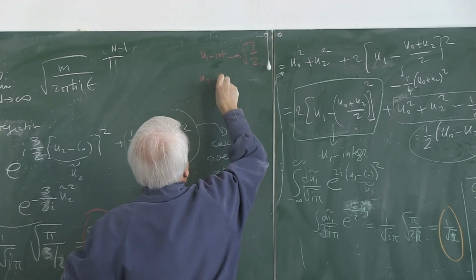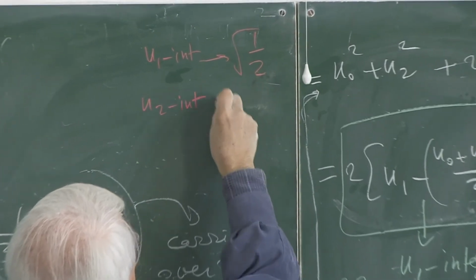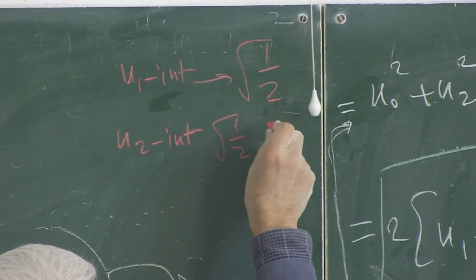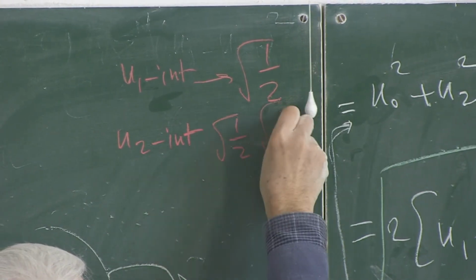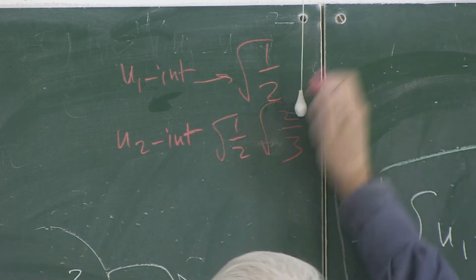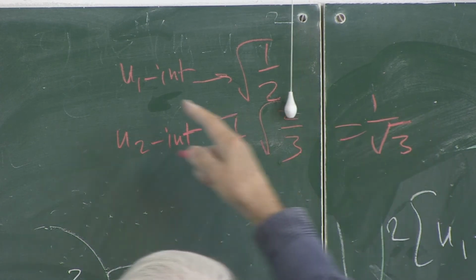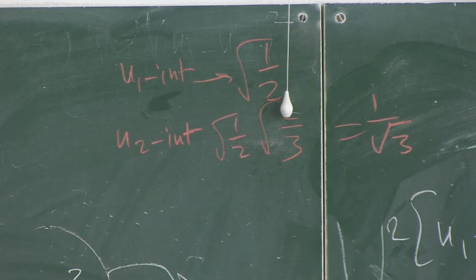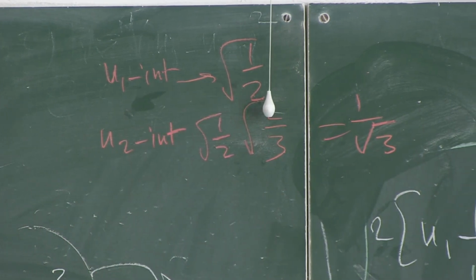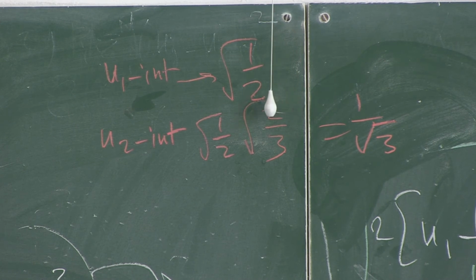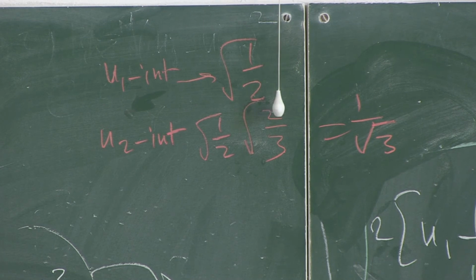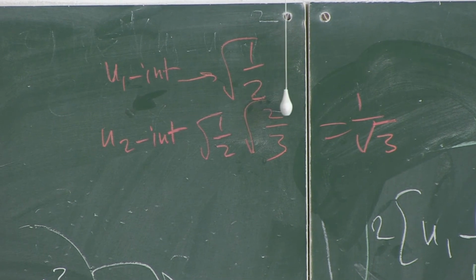The u2 integration gave me, well, this is already there, so 1 over 2 times the new one is 2/3. So at the end of the first step, I have 1 over square root of 2. At the end of the second step, I have 1 over square root of 3. At the end of the third step, I have 1 over 4, and so on. So that's for you to really go ahead and check it.